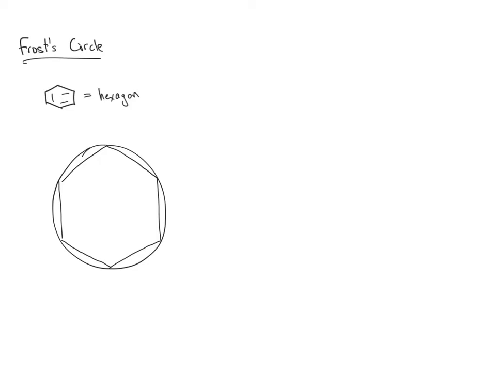We always define the non-bonding energy level as the middle, and this is consistent with what we've had previously. And any other point in which the polygon touches the circle is a new molecular orbital. So we obviously have one down at the bottom, we have two here below the non-bonding level, we have two above the non-bonding level, and then one at the top.